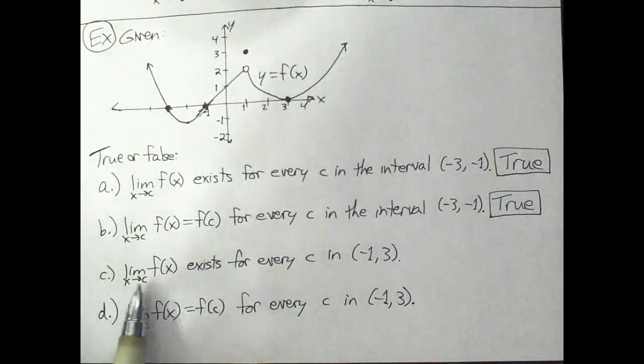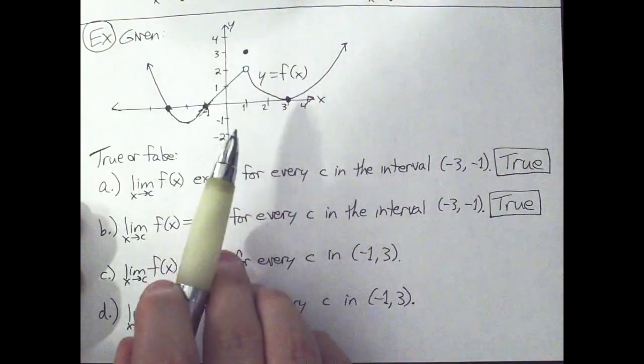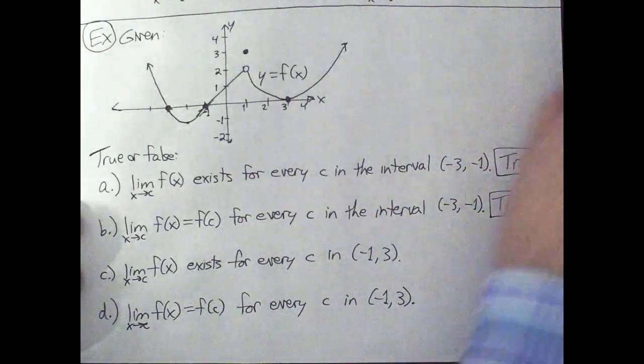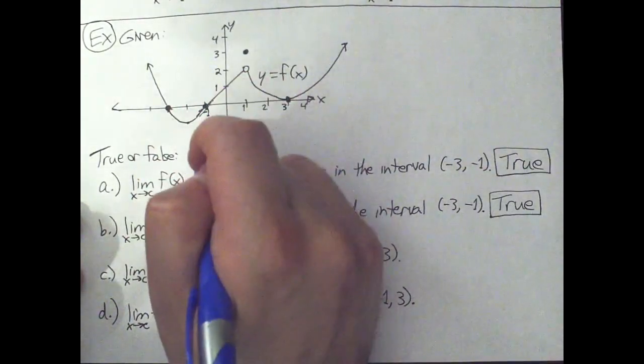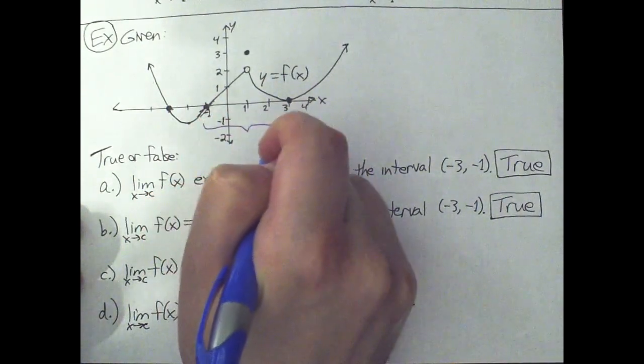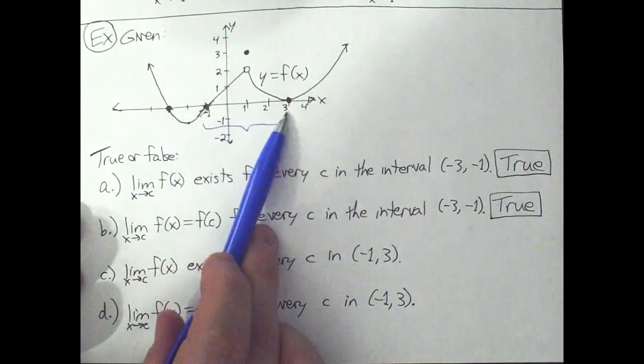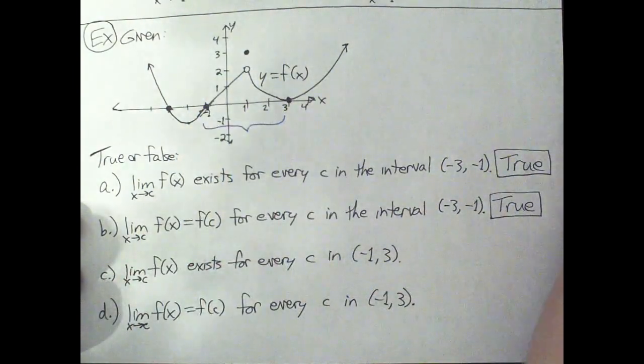Next part, does the limit exist for every c in this interval? So this is going from -1 to 3. This is probably a more interesting part of the graph. I'm going to draw underneath it and say -1 to +3 is sort of this part of the graph, right? Because here's -1, here's +3. So we're kind of focused in on what's going on.